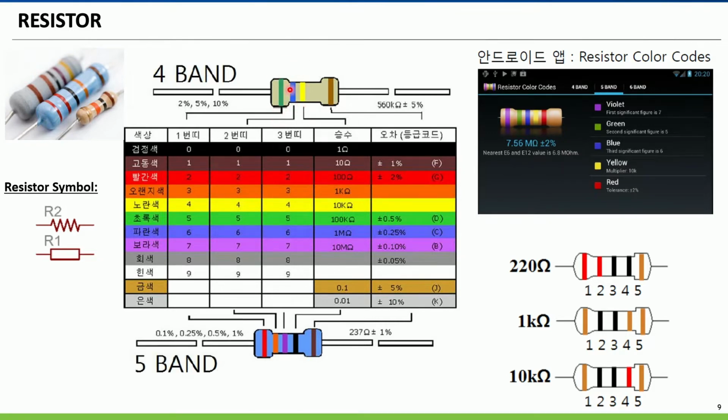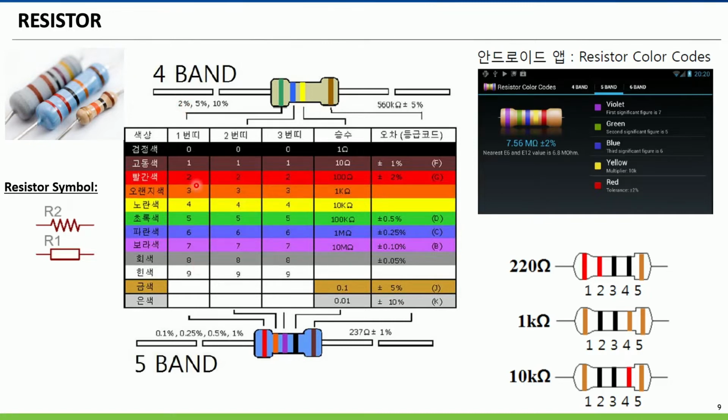They distinguish it by the color band, something like this: first band, second band, third band, and this one the tolerance. For 5 bands, you can see each color is a different number. Black is 0, brown is 1, red 2, orange 3, something like this.